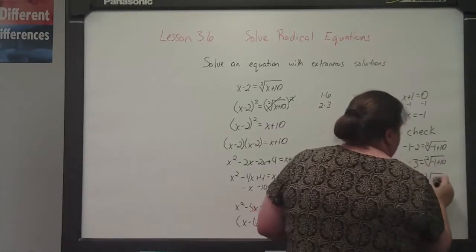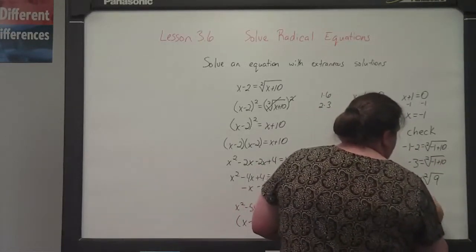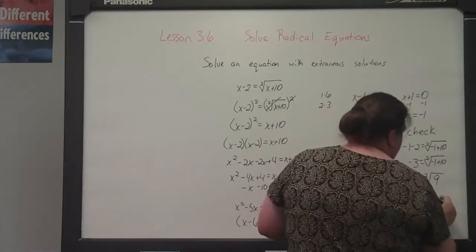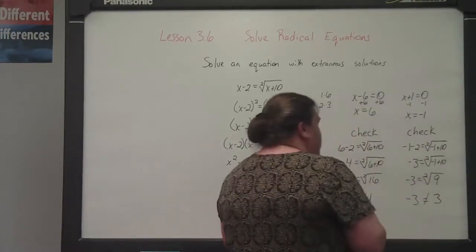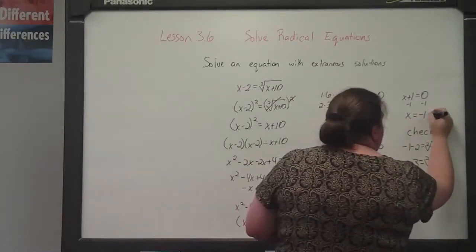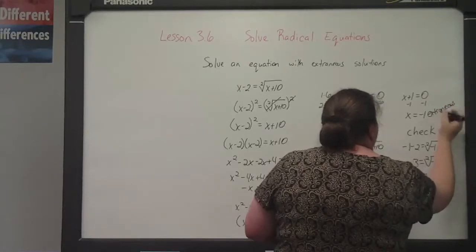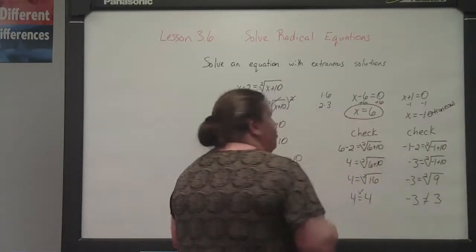Negative 1 plus 10 is a positive 9. So a negative 3 does not equal a positive 3. So therefore, your negative 1 would be extraneous. And so your 6 is your correct answer.